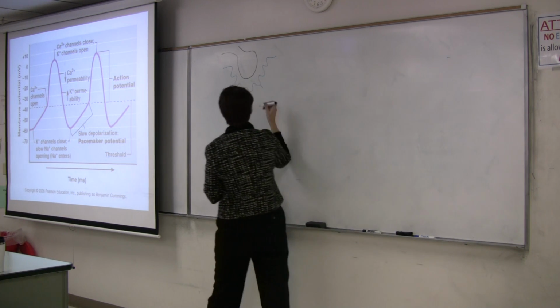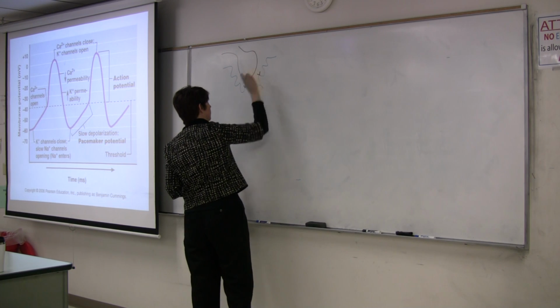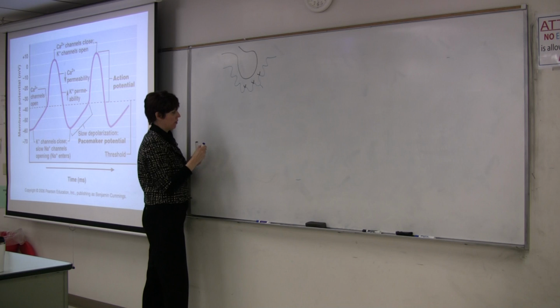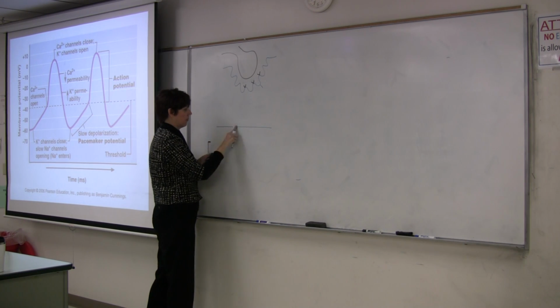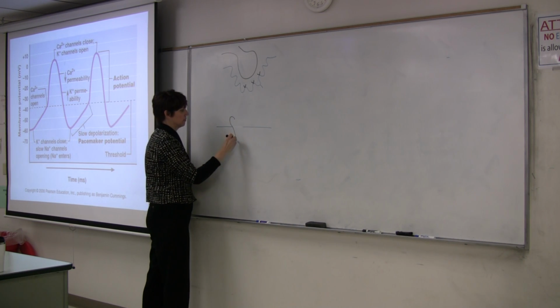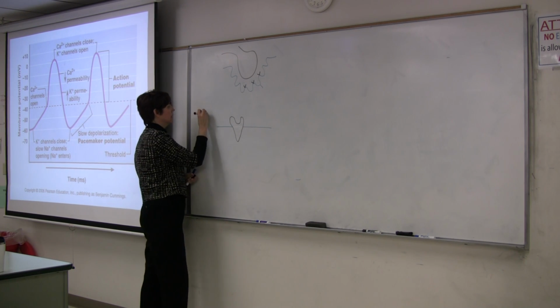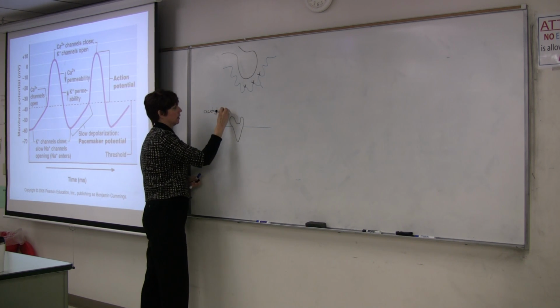So on that motor end plate, we have receptors. So let's straighten that out and draw it out here a little bit. And that receptor is a receptor for acetylcholine.